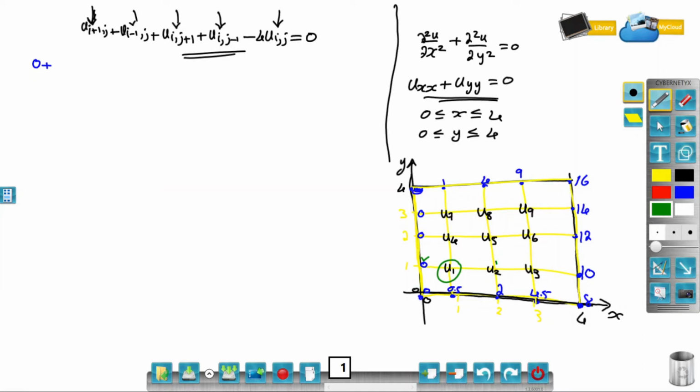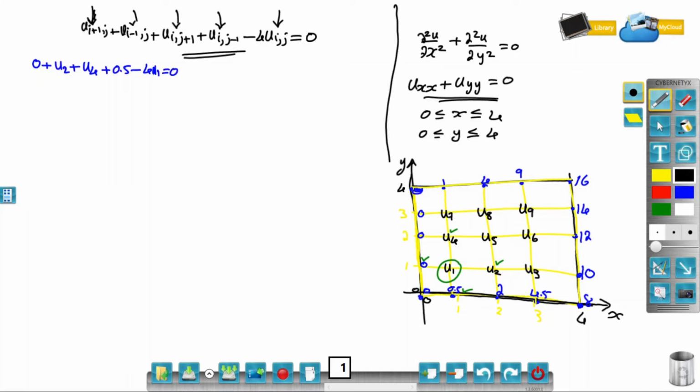Right point is u2, so plus u2, plus. Now, what is the top point? u4, right? So plus u4, plus. What is the bottom point? 0.5 is the bottom point. So plus 0.5 minus 4 into, what is the current point? u1 is the current point. u1 equal to 0. Is it okay?